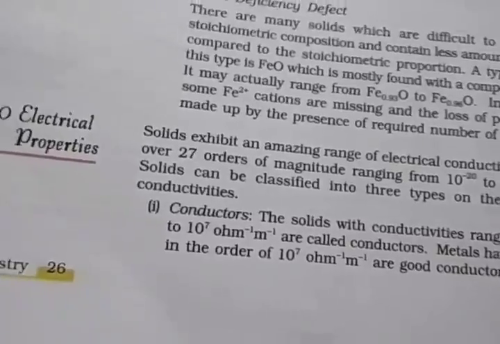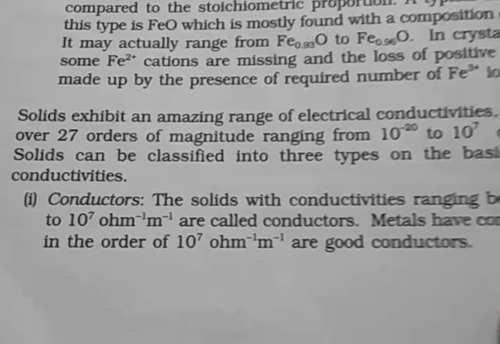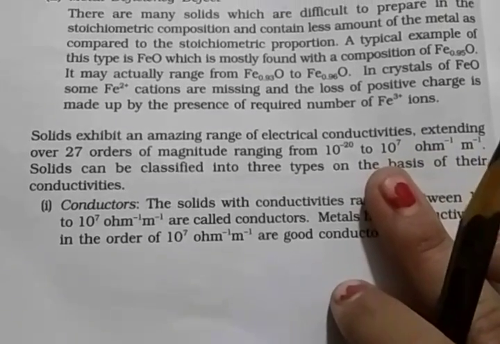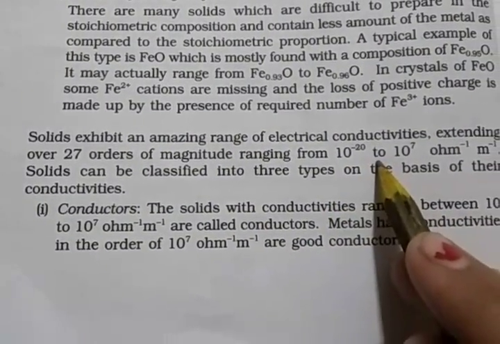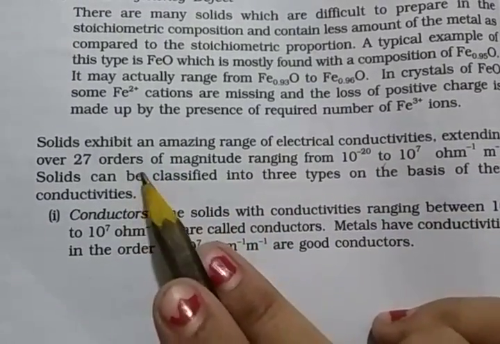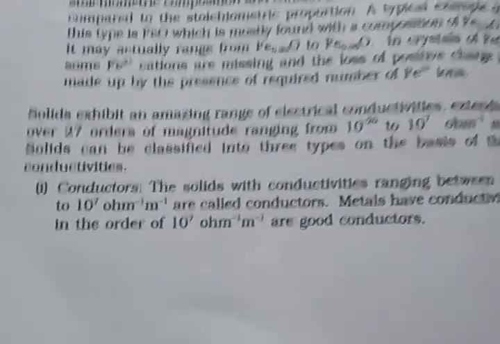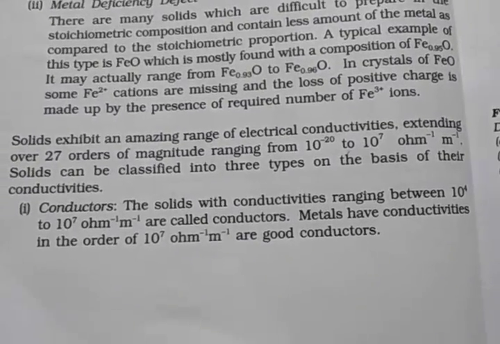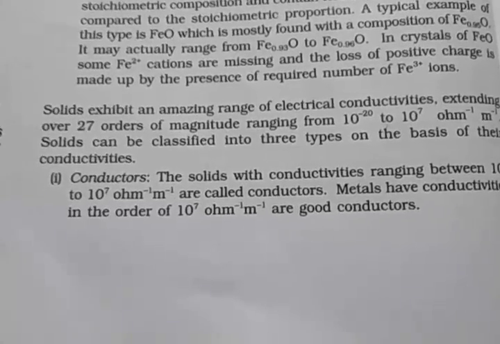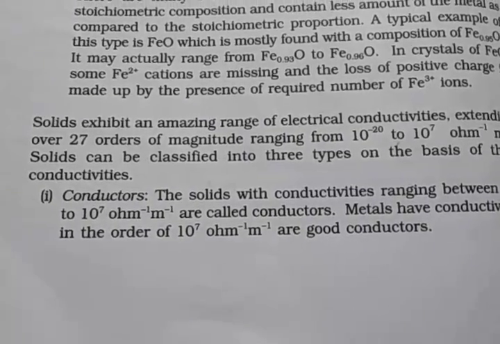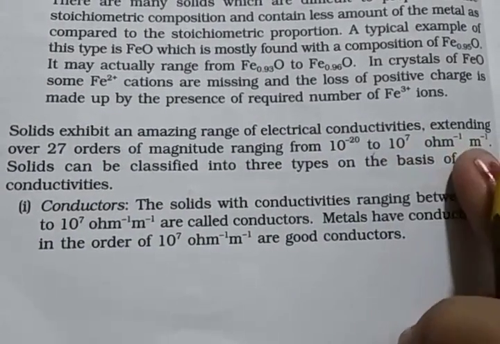Electrical properties are the most important properties of a solid. Solids exhibit an amazing range of electrical conductivities, extending over 27 orders of magnitude, ranging from 10 raised to power minus 20 to 10 raised to power 7 ohm inverse meter inverse.